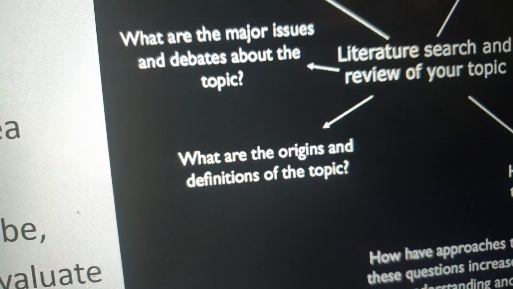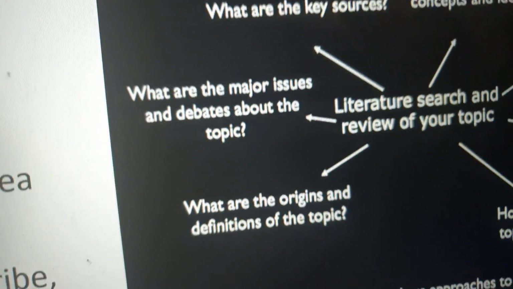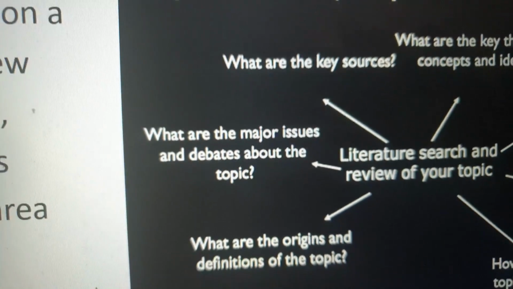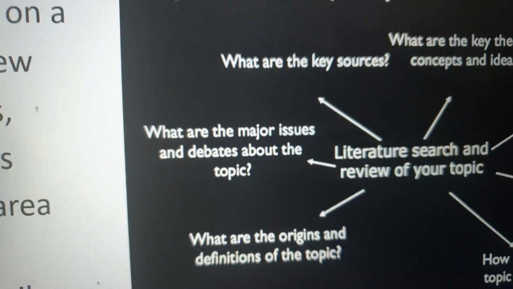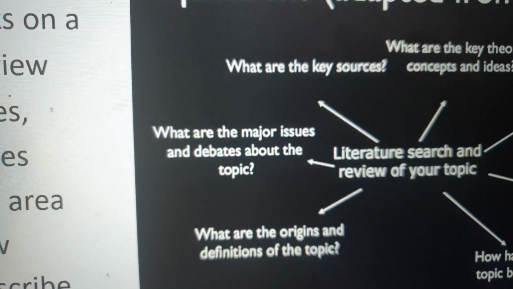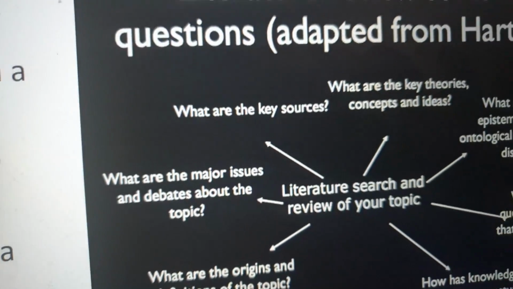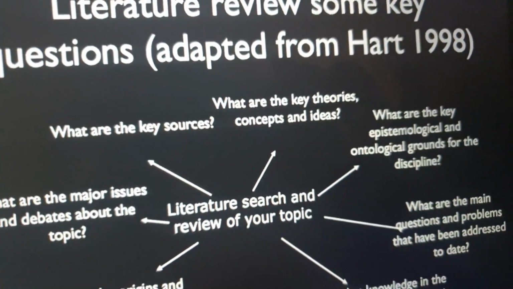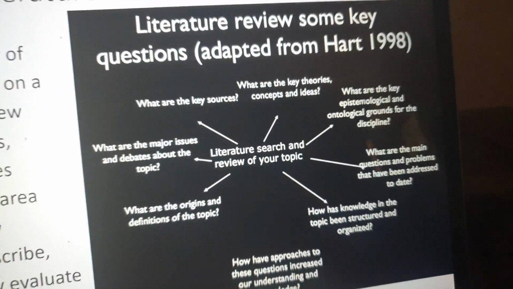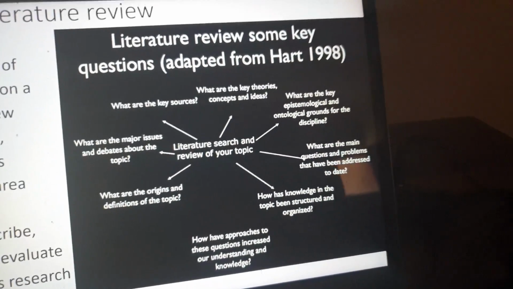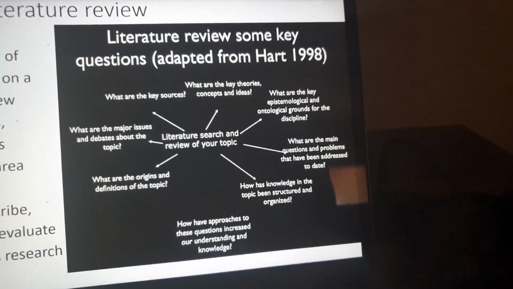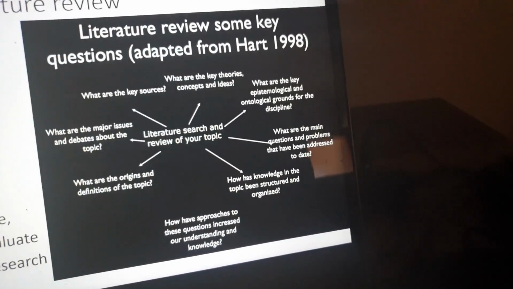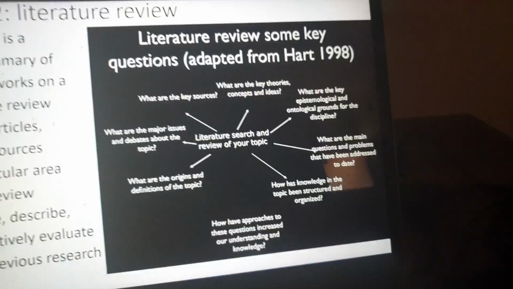What are the origins and definitions of the topic? What are the major issues and debates about the topic? What are the key sources? So, ask yourself these questions and provide answers to them in your literature review. The more, the merrier.